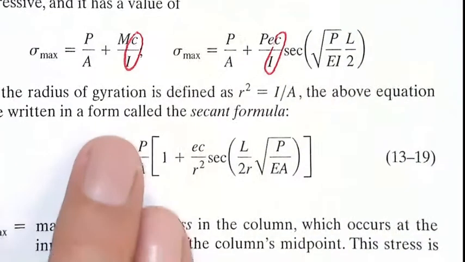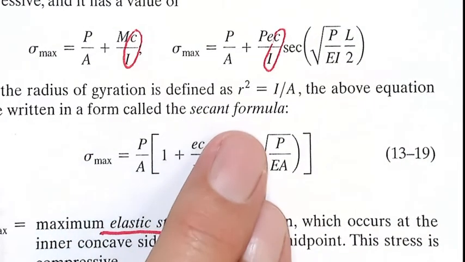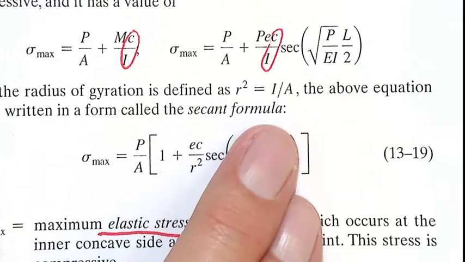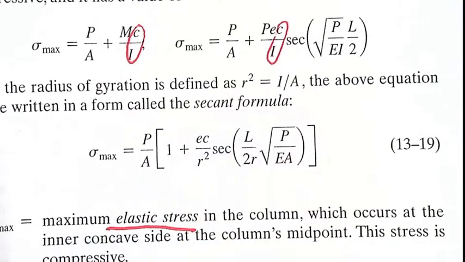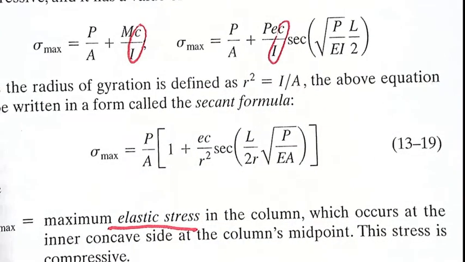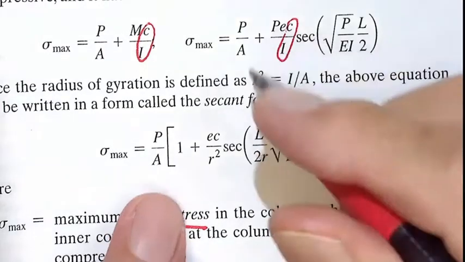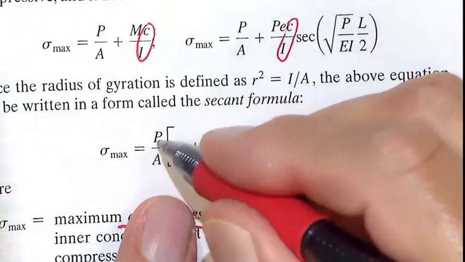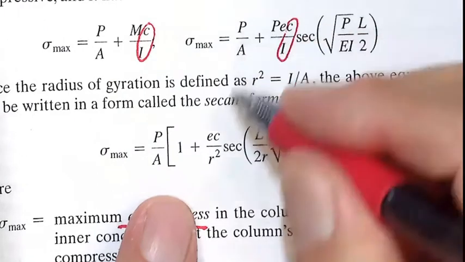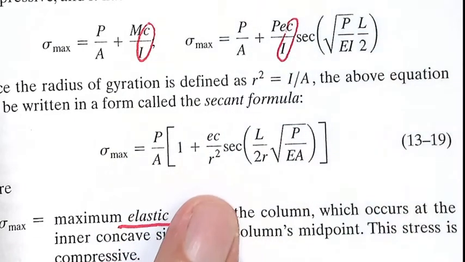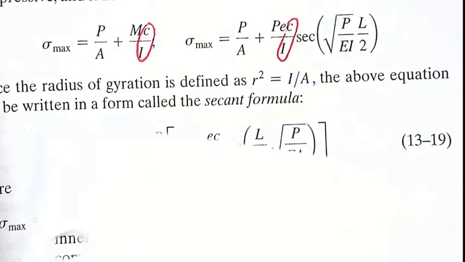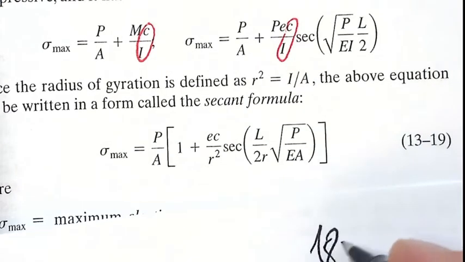Now we also define the radius of gyration, I over A. P over A we take out, and this gives me 1.